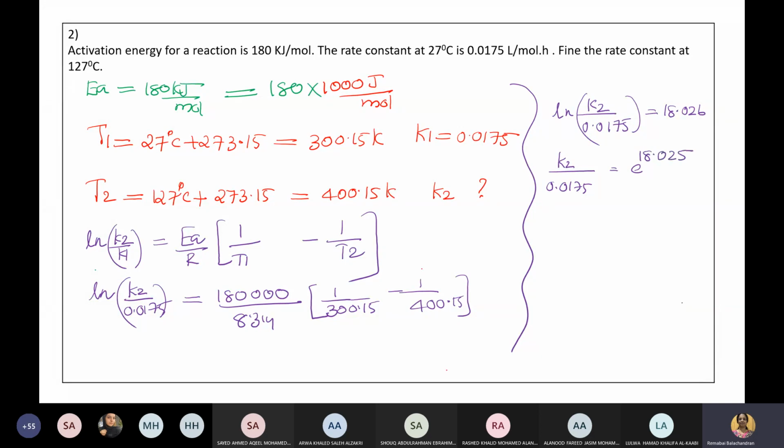Okay, understand? So k2 will be equal to 0.0175 times exponential 18.026. Please tell me the answer.